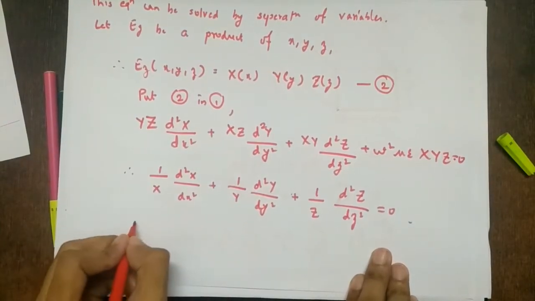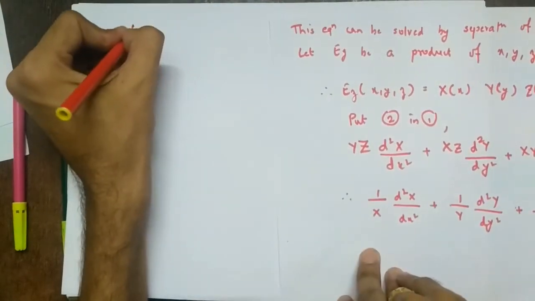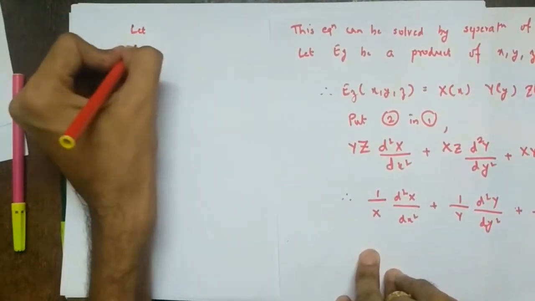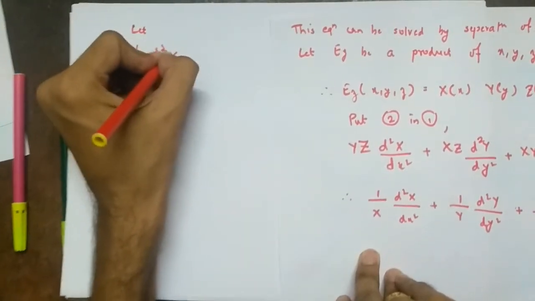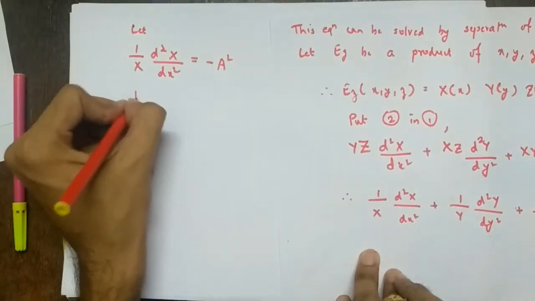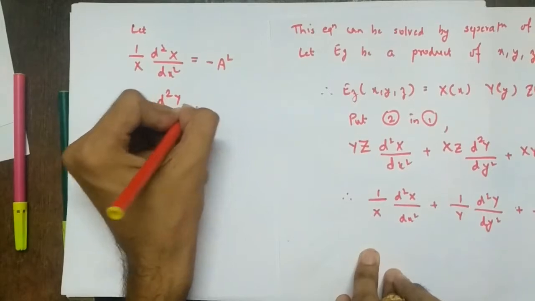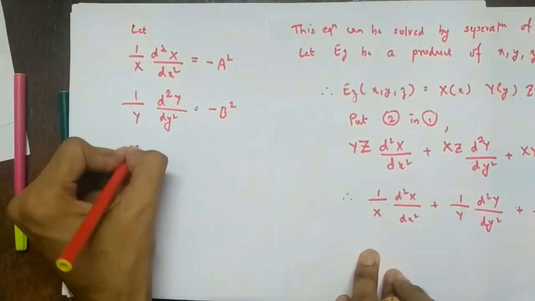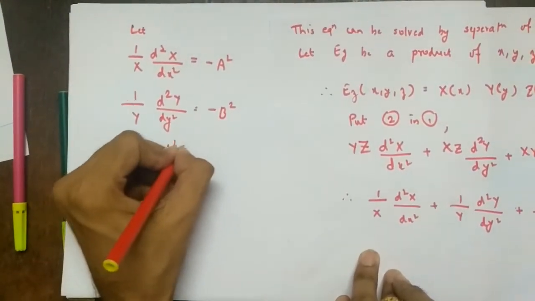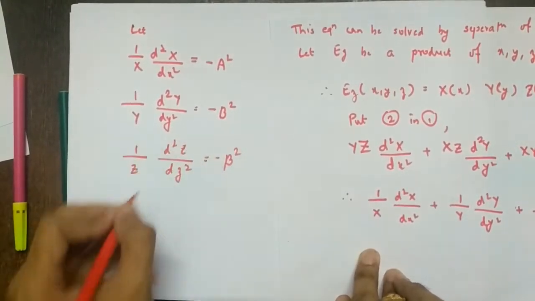So what we can say? So we assume three equations. So let's say this is equation 3. So we assume let 1 upon X d square X by dx square equal to minus a square, 1 upon Y d square Y by dy square equal to minus b square, and 1 upon Z d square Z by dz square equal to minus beta square.